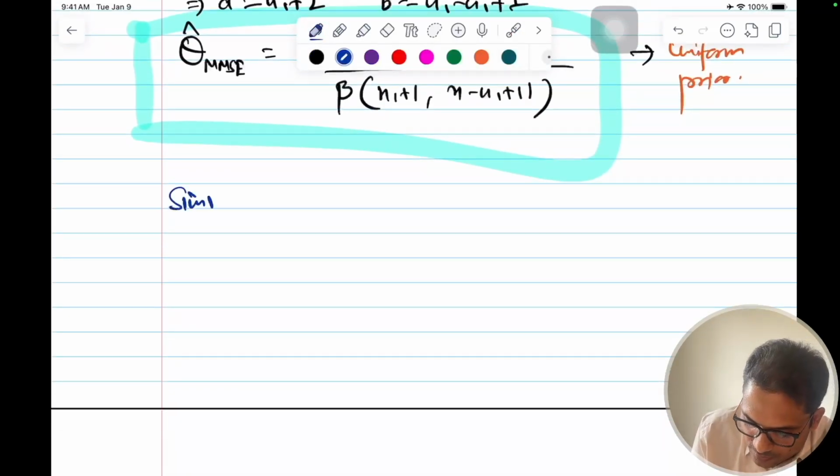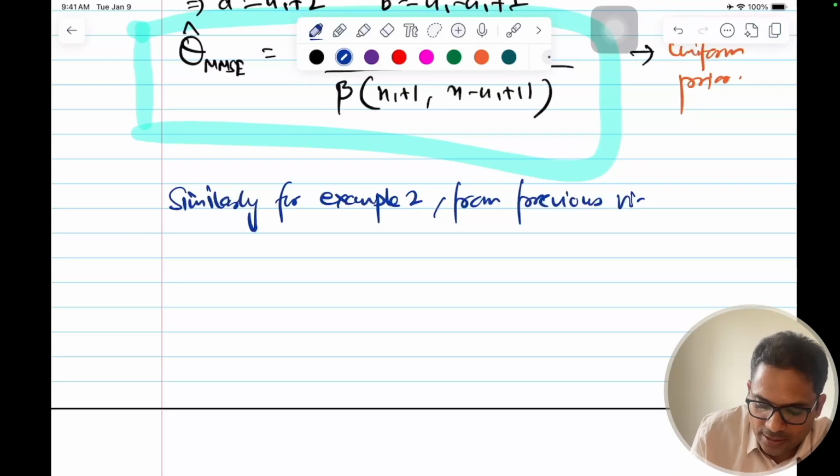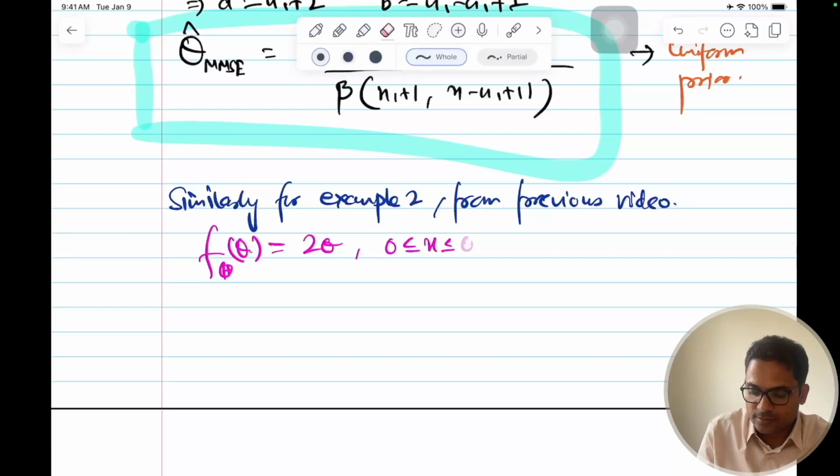Okay, and let's do similarly for example 2 also, example 2 from the previous video, where the theta was biased towards 1. Here I'll take the same example. So my f of theta is equal to 2 theta, for 0 less than theta less than 1, 0 otherwise.